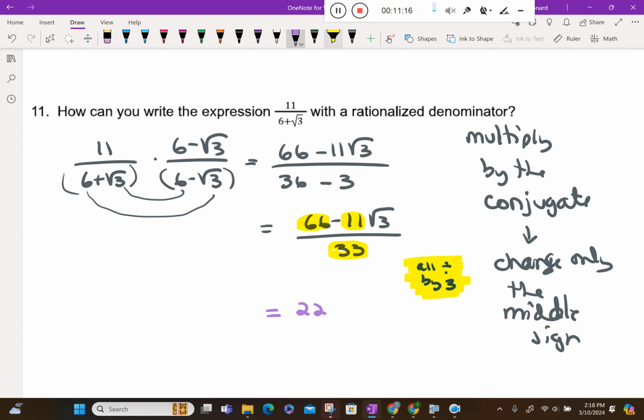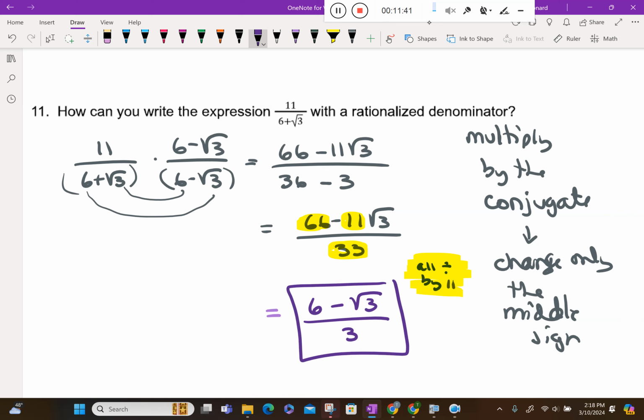They're not all divisible by 3. They're all divisible by 11. I was thinking about where we were going instead of where we came from. So backing up, they're all divisible by 11. 66 divided by 11 is going to be 6. 11 divided by 11 is 1, so we just have minus root 3. And then 33 divided by 11 is 3. And that's the simplified form of the original problem.